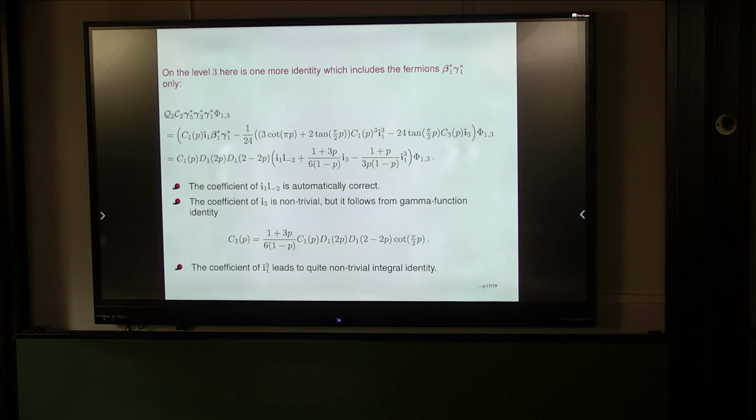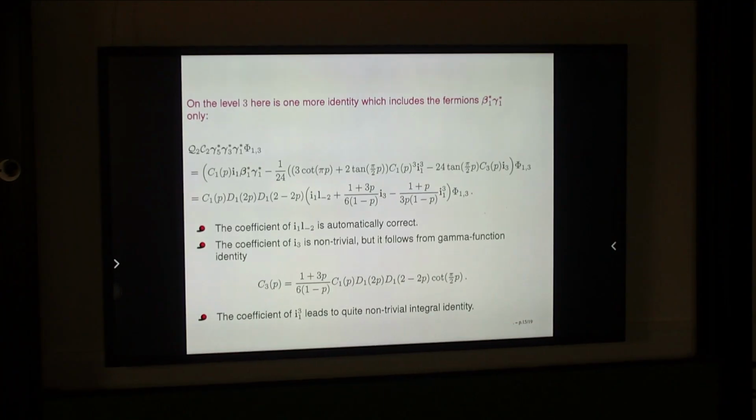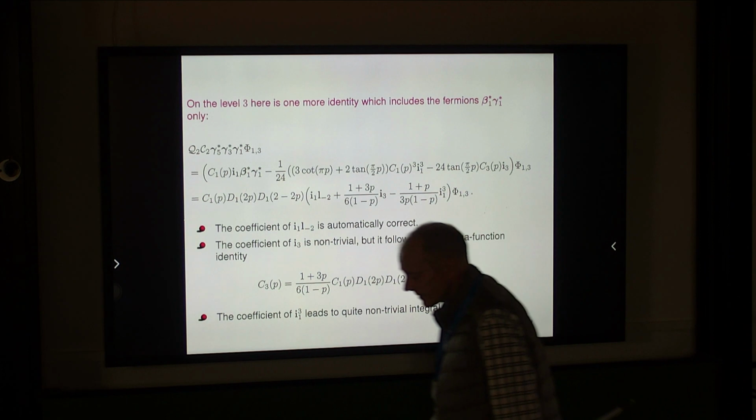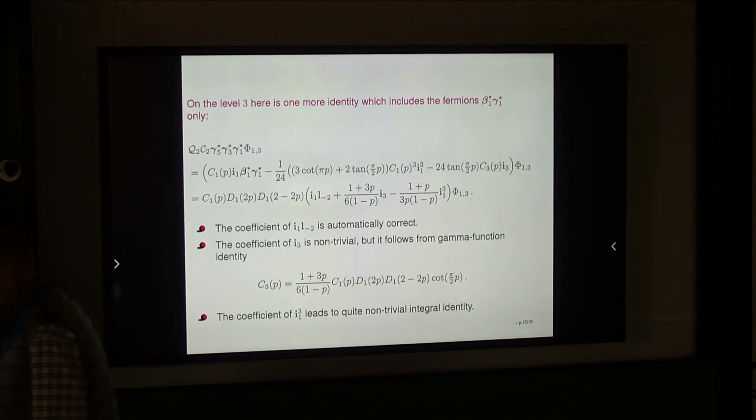But then the point is that actually the thing is more complicated, and there are some integrals.